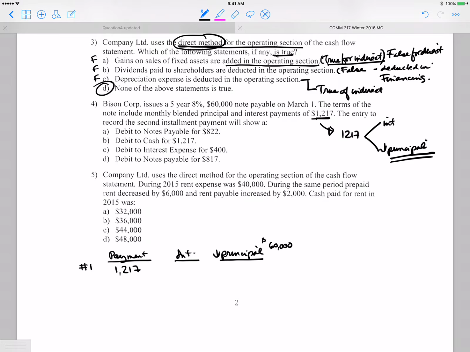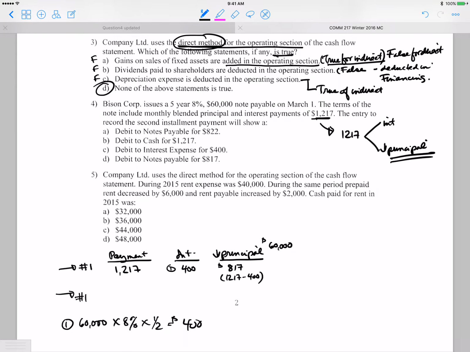So the interest on this for the first month is $60,000 at 8% for 1 month. So your interest payment for the first month is $400. Therefore, the remainder, or $817, is your principal. So this is 1217 minus $400. But they don't want to know the first month, they want to know the second month.